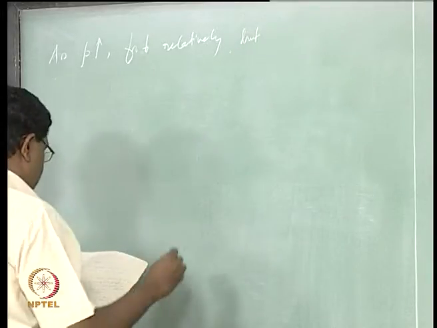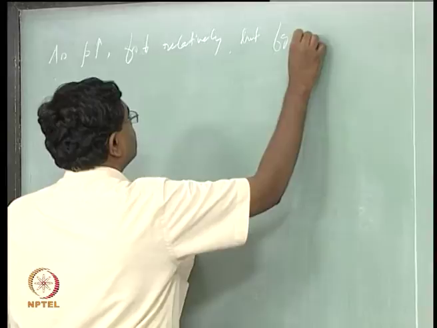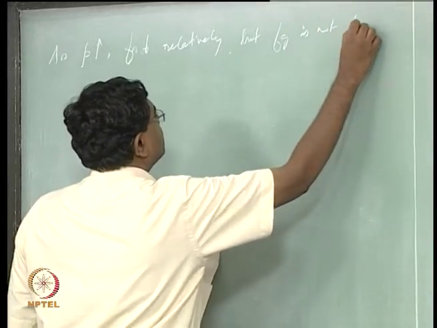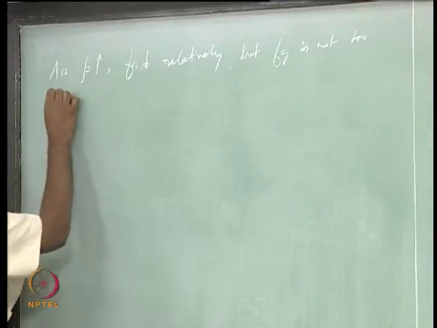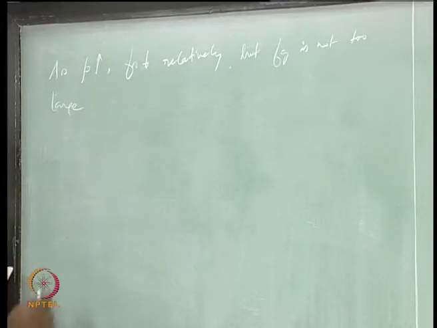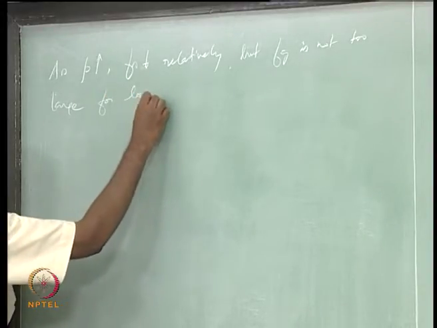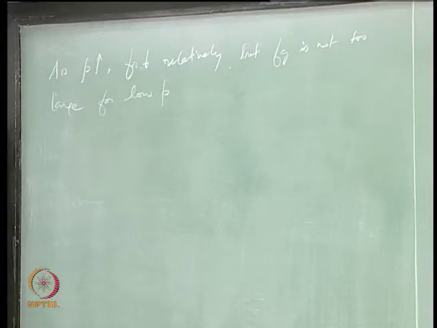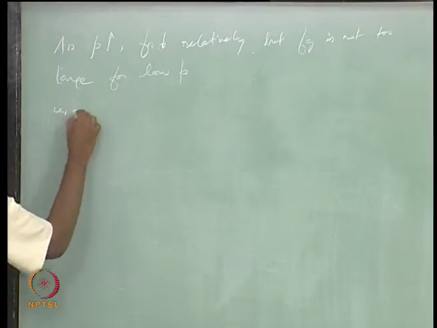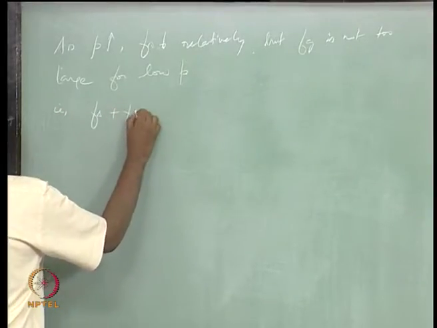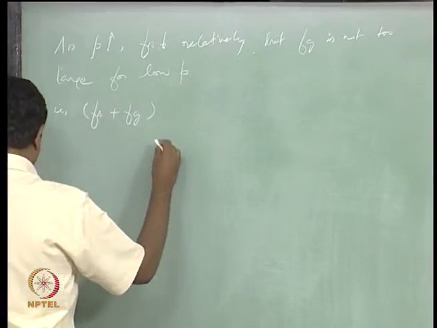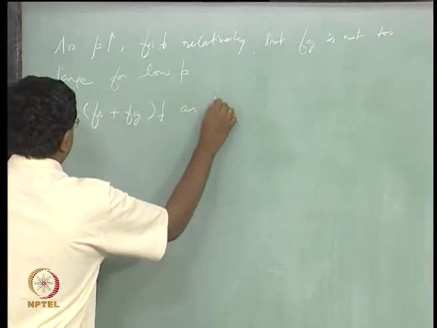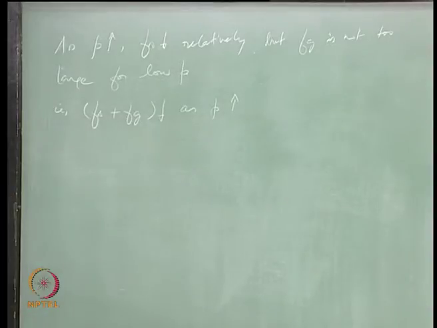But Fg is not too large, right? For low P, because you don't have a vigorous gas phase termination at low pressure. That is, together Fs plus Fg decreases as P increases.